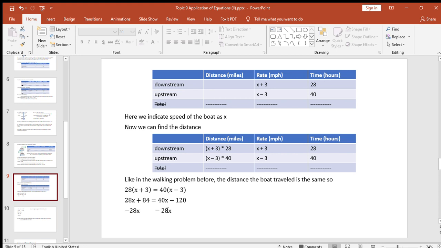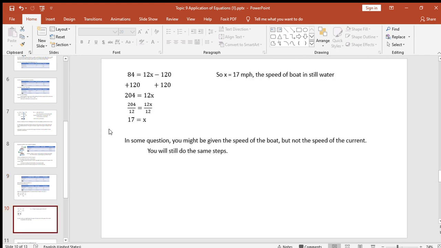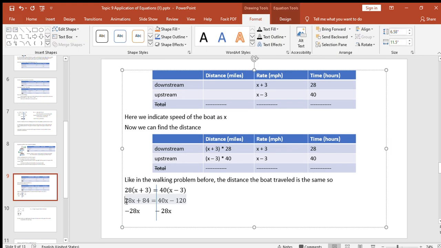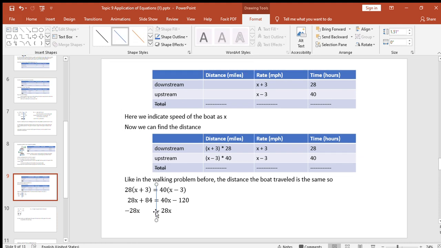We just eliminate the smaller variable. How? We subtract. Subtract both sides by 28x and you're going to get 84 is equal to 12x. Let me draw a line there. So put a 3.